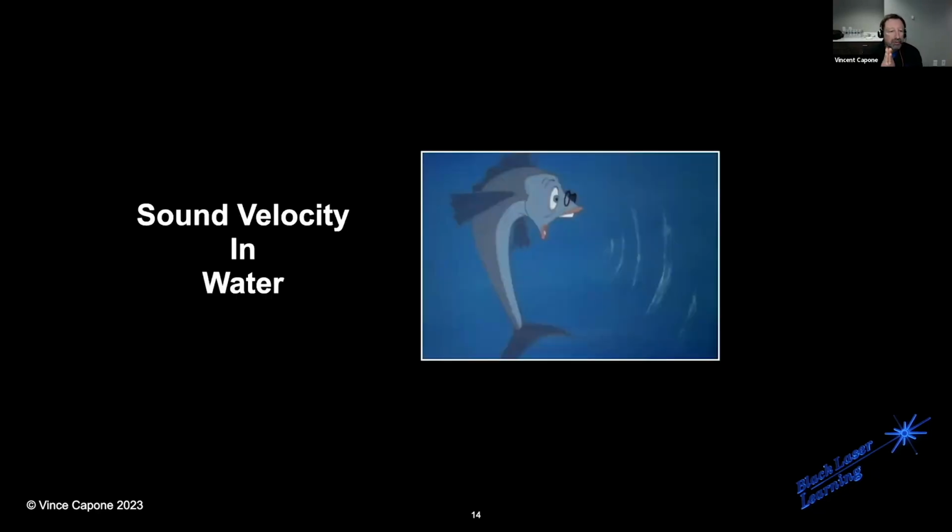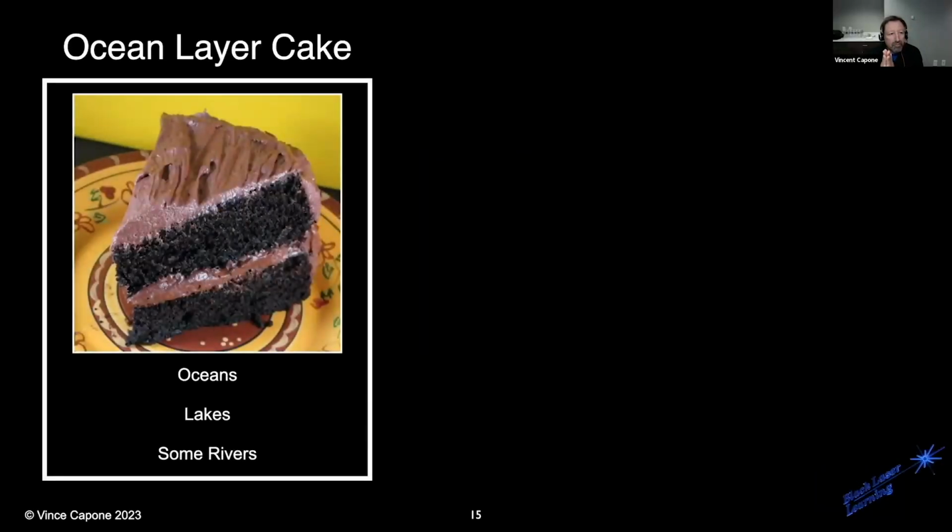The first one we're going to tackle is sound velocity in water. Now, most of you should be familiar with the fact that water layers are quite common in oceans, especially lakes and even some rivers.